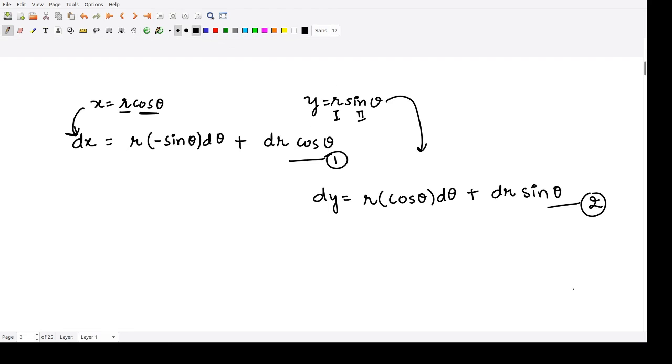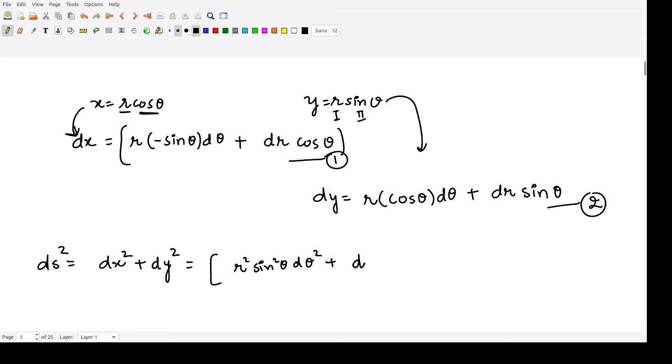So from here what do we require? We require ds square equal to dx square plus dy square. So what does it become? It becomes the square of this quantity. So it would be r square sine square theta d theta square plus dr square cos square theta, and then minus 2 times r sine theta cos theta dr d theta.